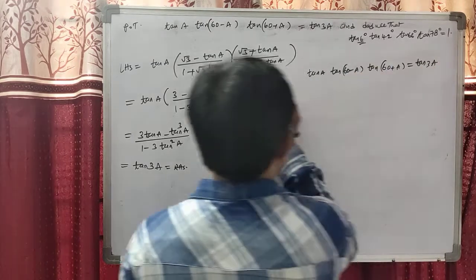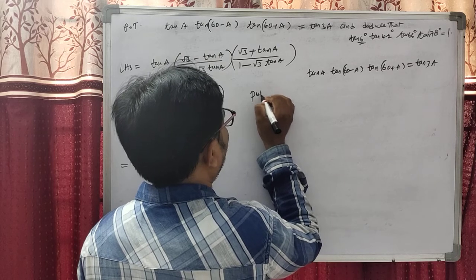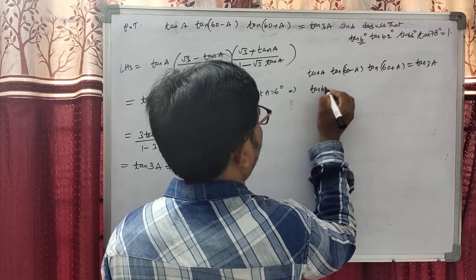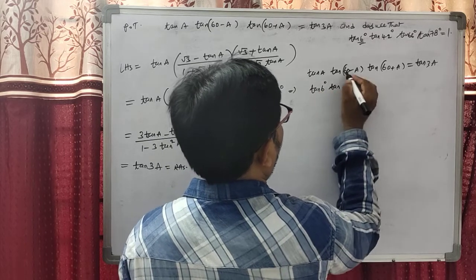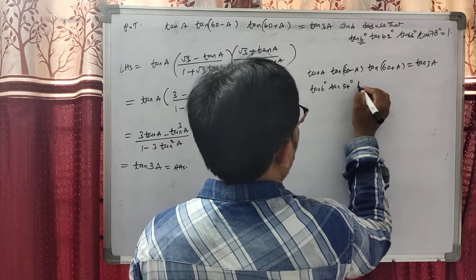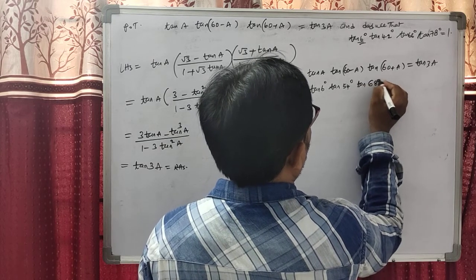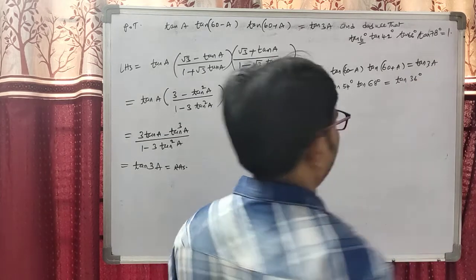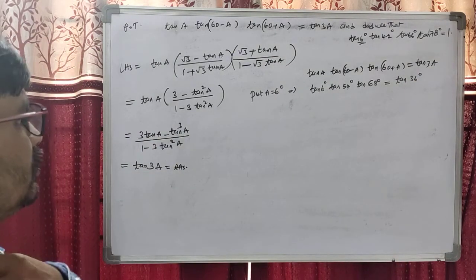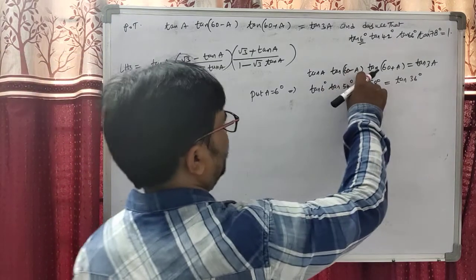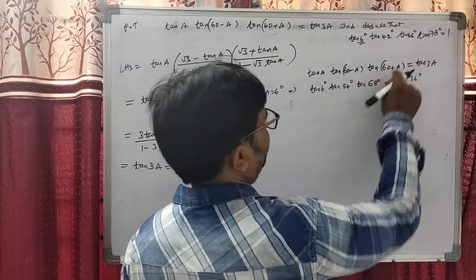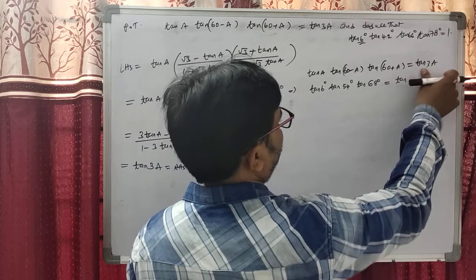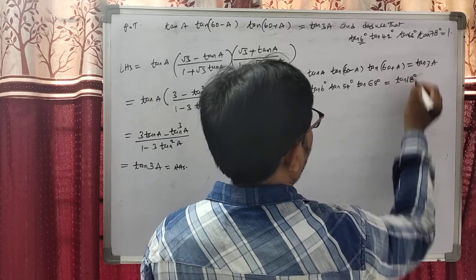Now put a equal to 6 degrees: tan 6 degrees, tan(60 minus 6) is 54 degrees, tan(60 plus 6) is 66 degrees, and 3 into 6 is 18 degrees.